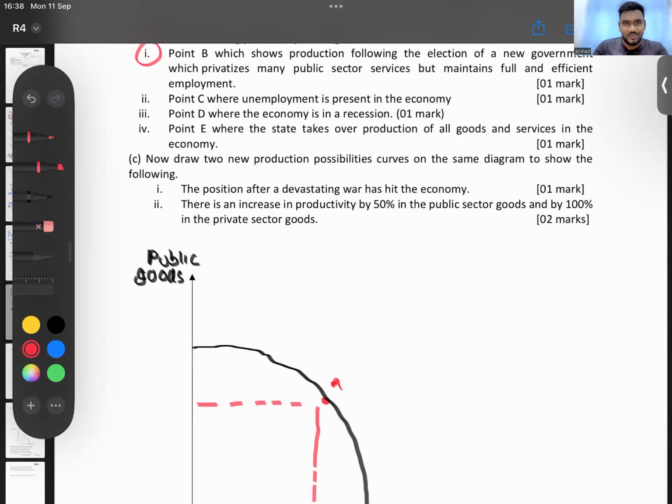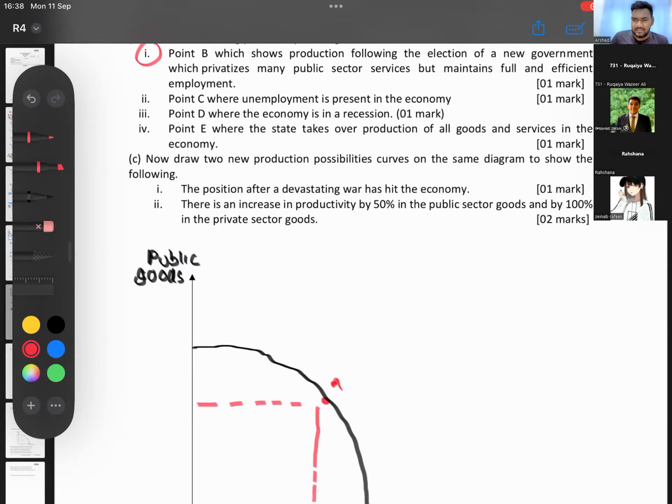Just think and tell me, guys, what do you think will happen? How do you think we can show this? There is privatization happening, and there is also efficient employment. Any clue? What do you think we can do, guys?